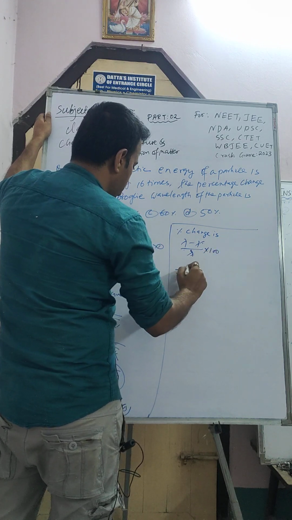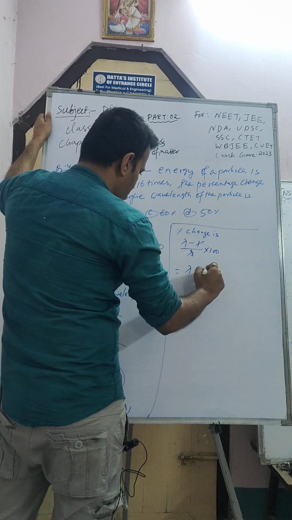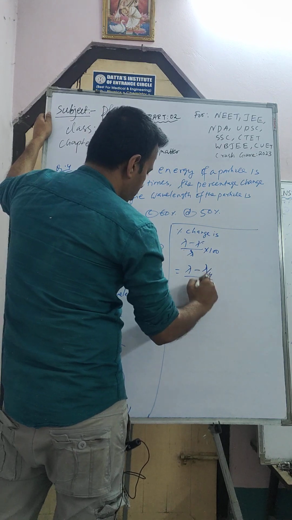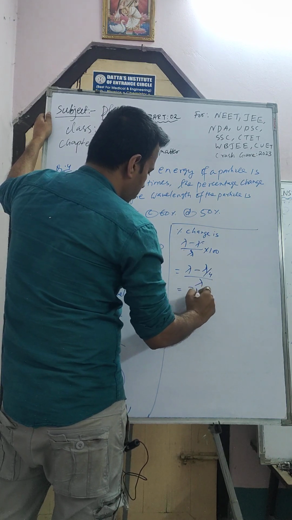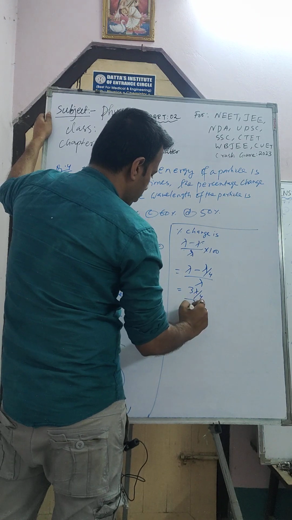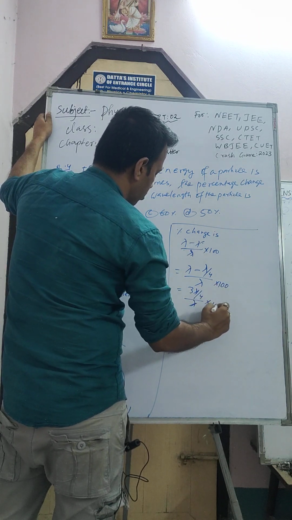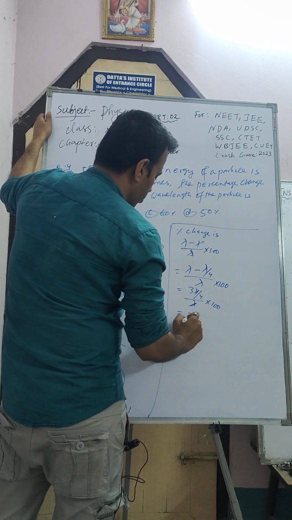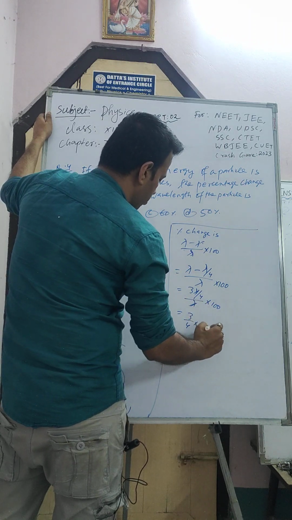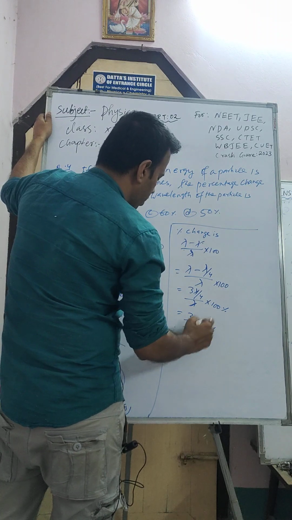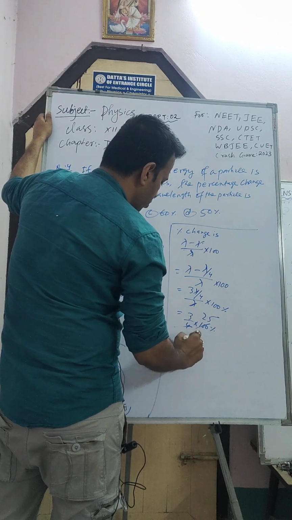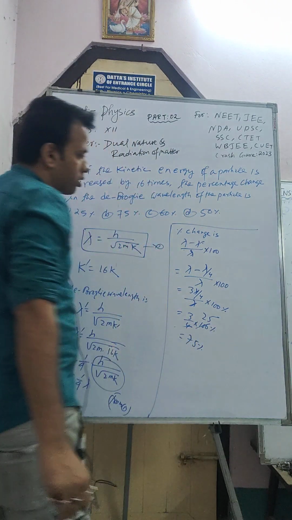So it will be lambda minus lambda by 4, divided by lambda. So it will be 3 lambda by 4 by lambda into 100. Okay, so 3 by 4 into 100%. So it will be 75%. So 75% will be changed.